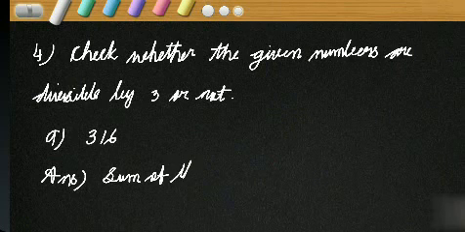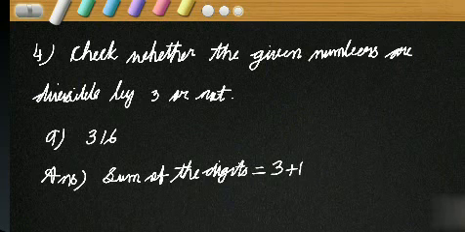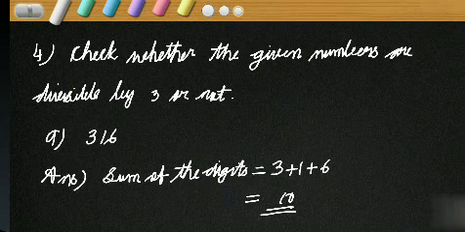Which are the digits of the given number 316? 3 plus 1 plus 6. What is it? 3 plus 1, 4. 4 plus 6, 10. 10 is the sum. Is 10 divisible by 3? No. 10 is not divisible by 3.